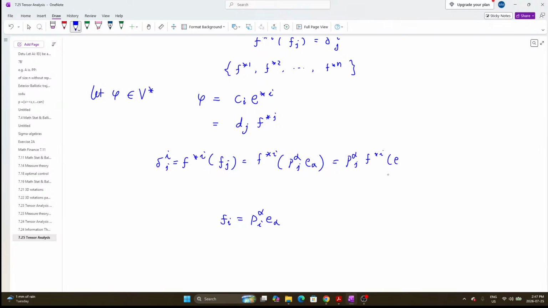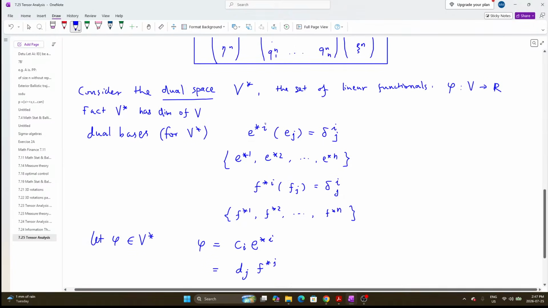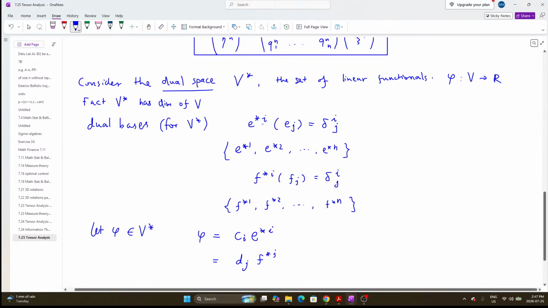Now, vectors have indices at the bottom. So you see, I did something sneaky here, because the index for the dual basis is upstairs. Why? The dual basis works this way.